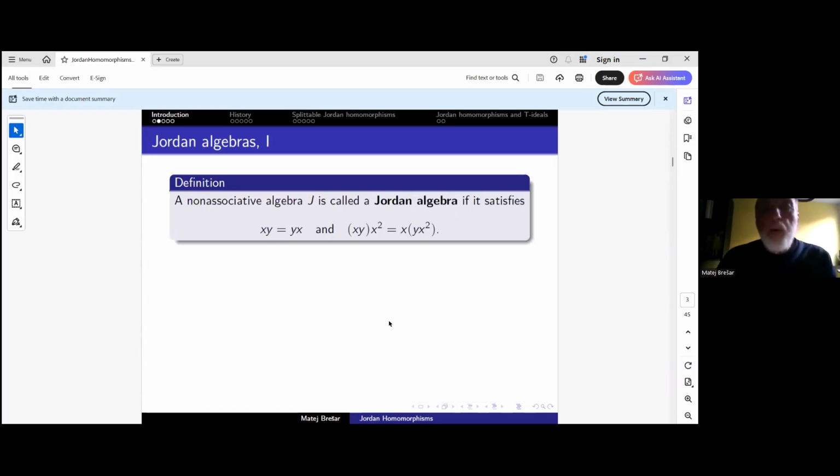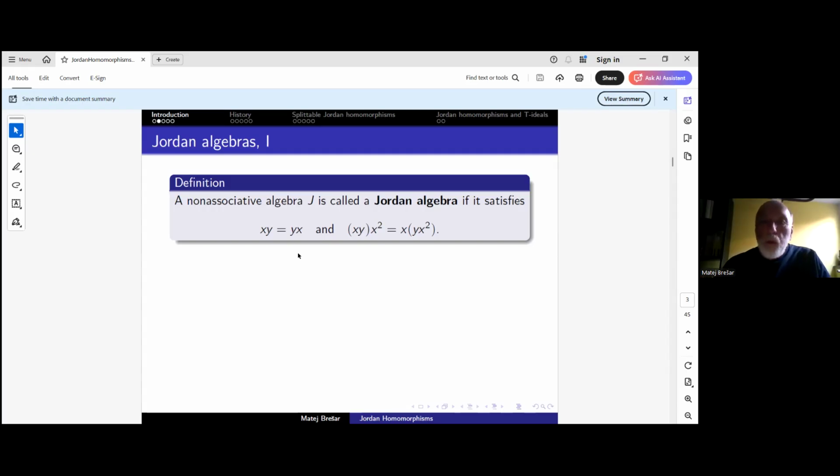So to put everything into the right framework, I will first recall a few general facts about Jordan algebras, because one way of looking at Jordan homomorphisms is that they are a part of the Jordan theory, the theory of Jordan algebras and related structures. So what is a Jordan algebra?